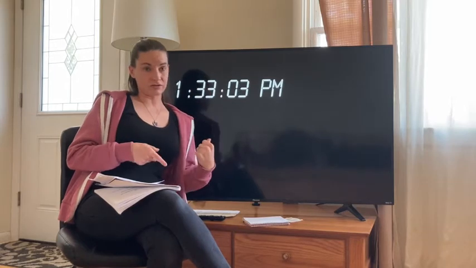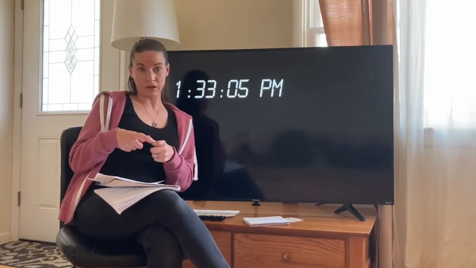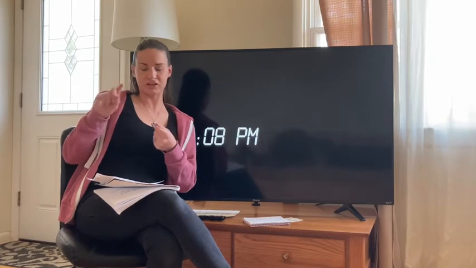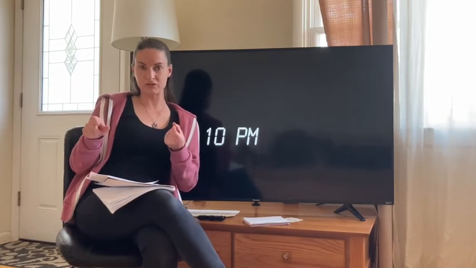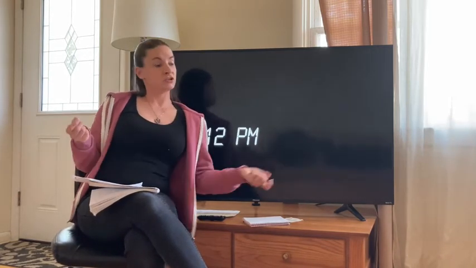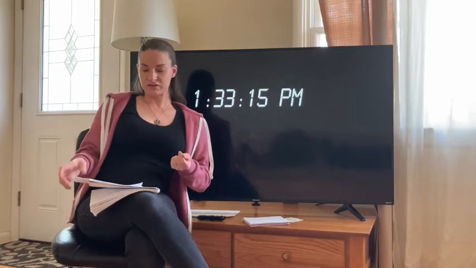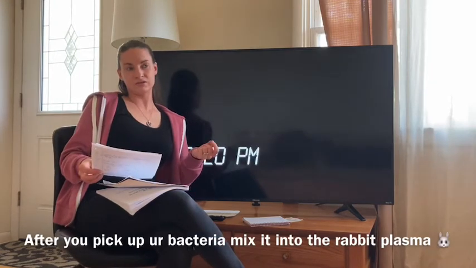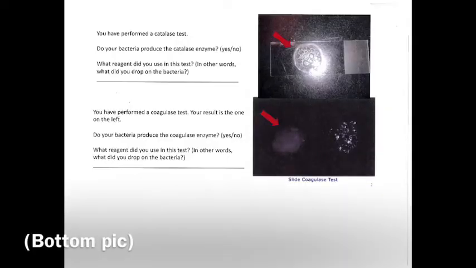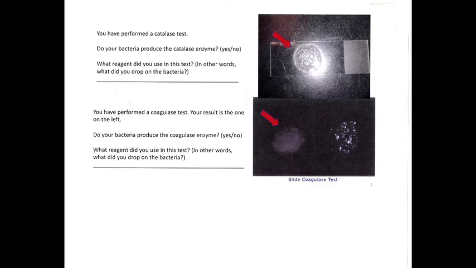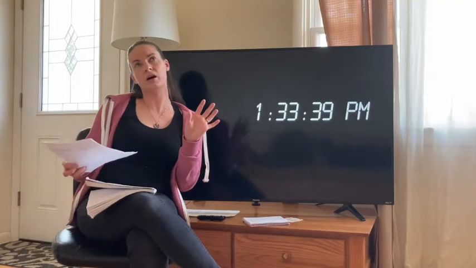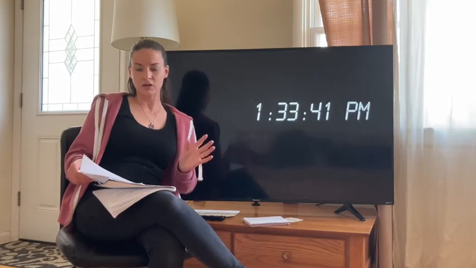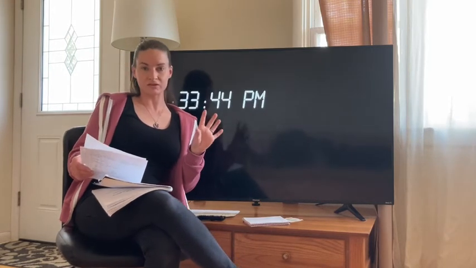Just like the catalase test, grab a slide, put one or two drops of rabbit's plasma on the slide, and then add the bacteria that you're testing. If it is positive, you'll have clumping. If it's negative, there will be no clumping. And this has nothing to do with the hemolytic pattern of the bacteria. This is a whole separate test, okay?